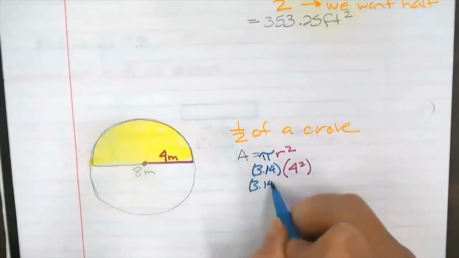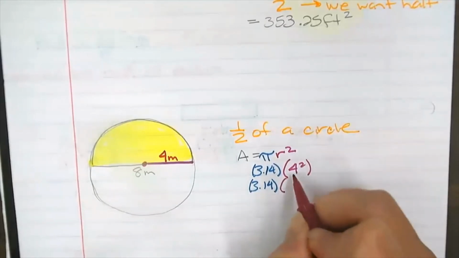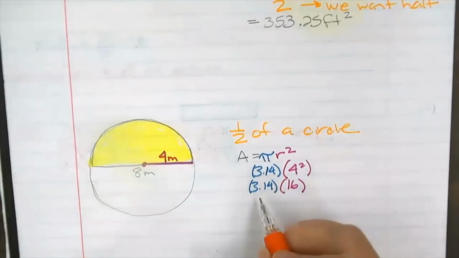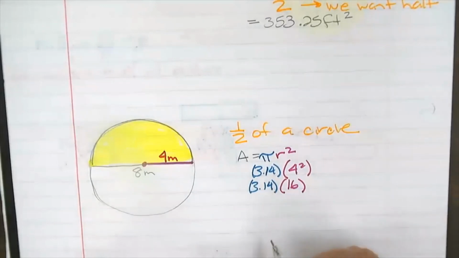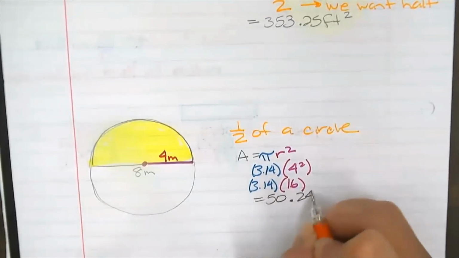So order of operations says we do the exponents first. 4 times 4 is 16. Now I'm going to use my calculator and multiply 3.14 times 16. And I get 50.24.